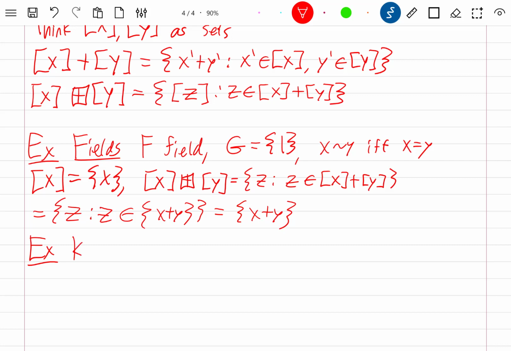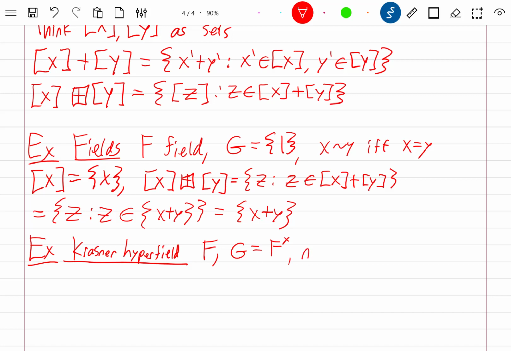The next one is our Krasner hyperfield. In some sense, this is one extreme. We took our subgroup G to be as small as possible. So what if we take G to be as large as possible? What that means is, if I have two non-zero elements, they must be equivalent.